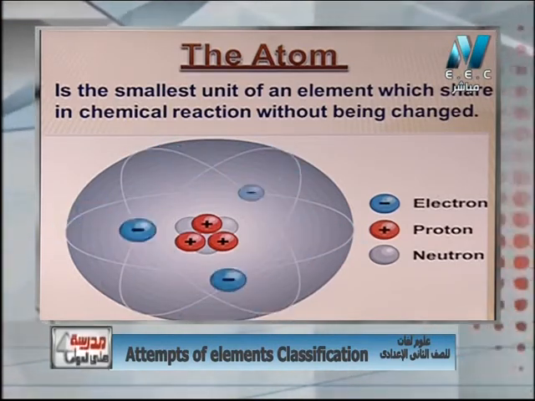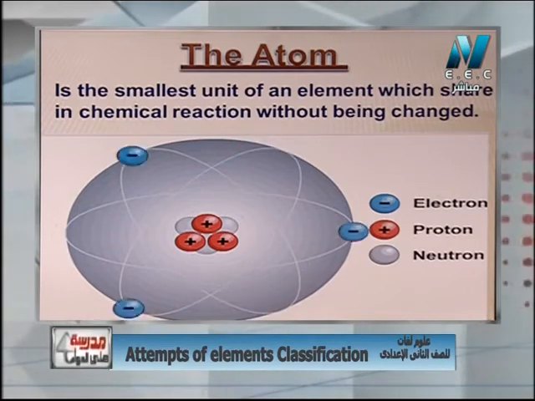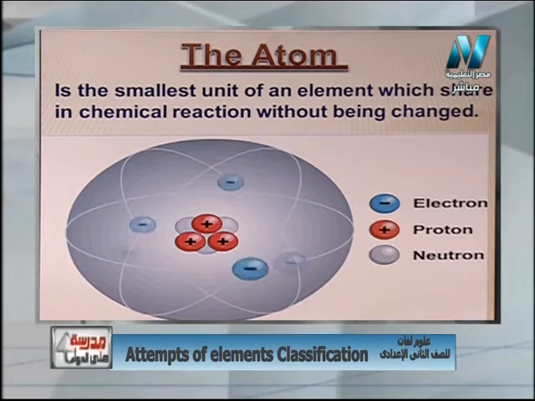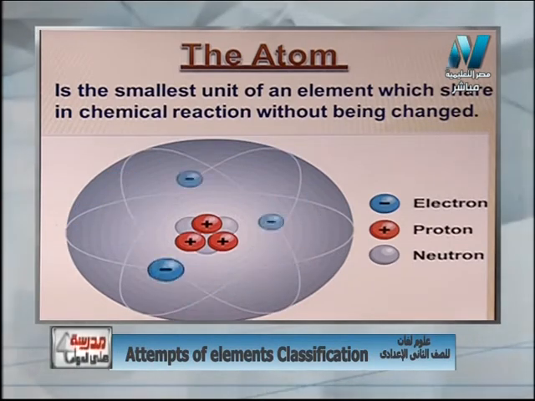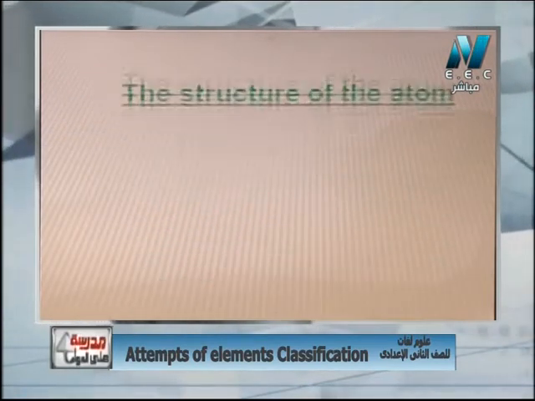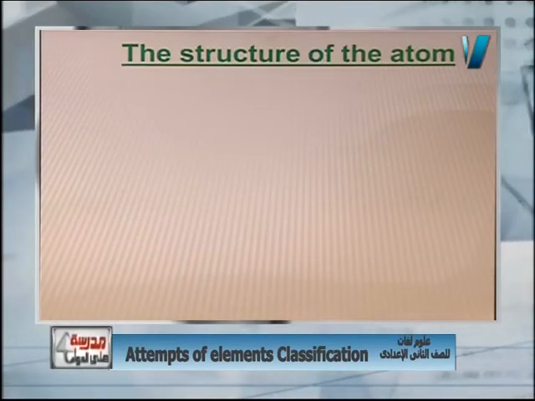So the atom consists of nucleus and electrons, and inside the nucleus there is a positive proton and no charge neutrons. Okay, so what's the structure of the atom?